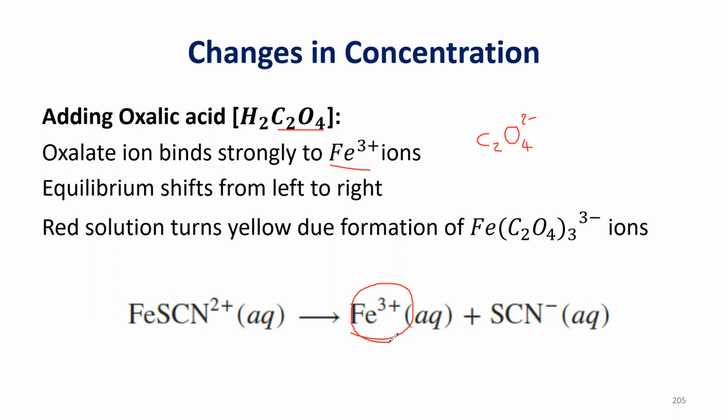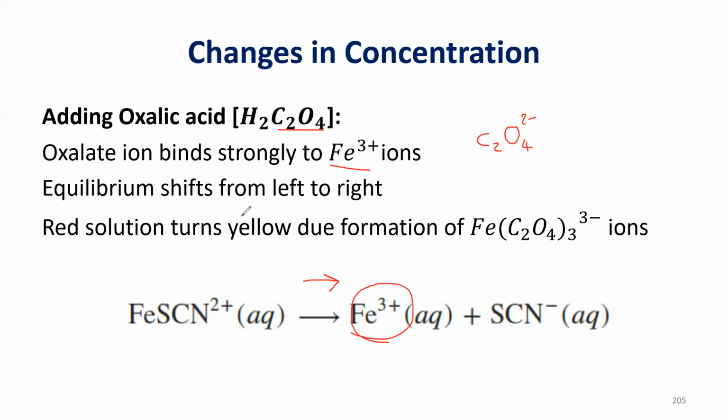So therefore, this changes the equilibrium mixture in that the iron 3 ions reduce. So the system will move to replace the iron 3 ions which have been taken out of solution by the oxalate ion. So for that to happen, this forward reaction is the one that will be favored.